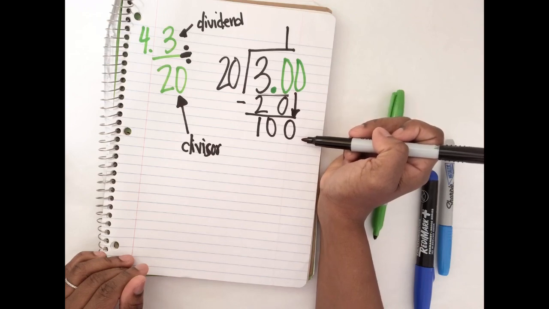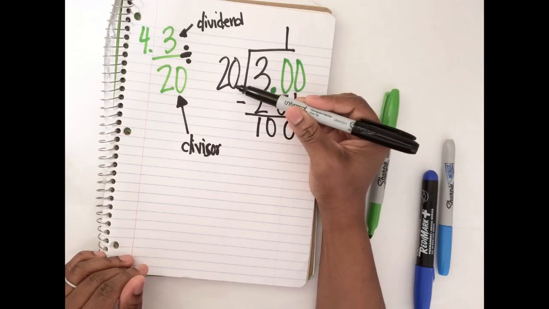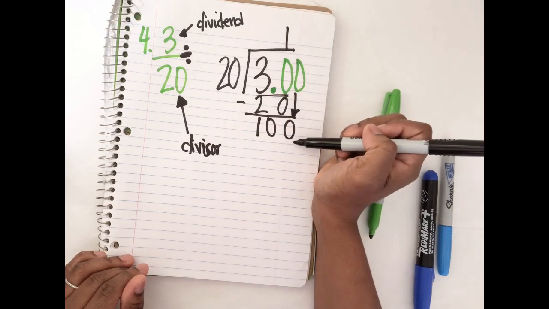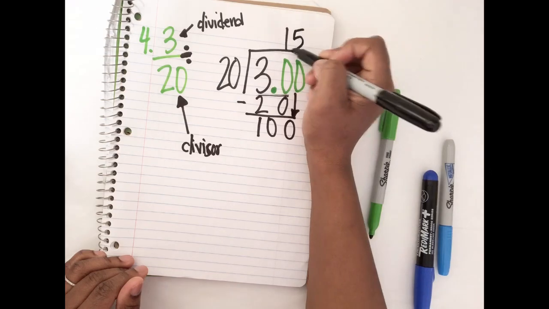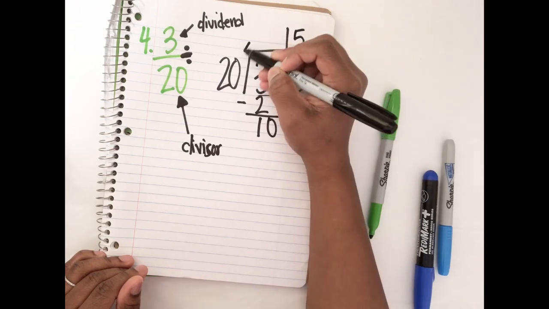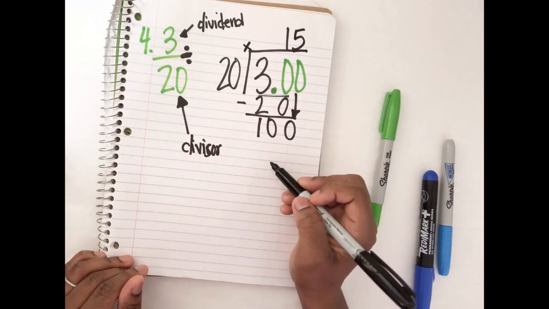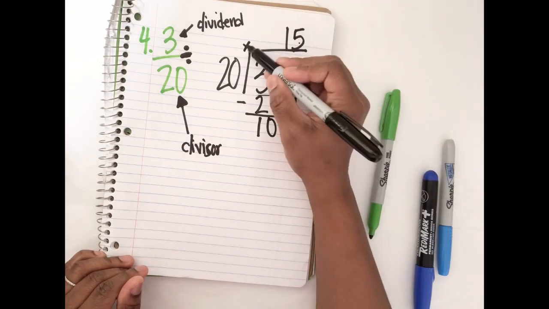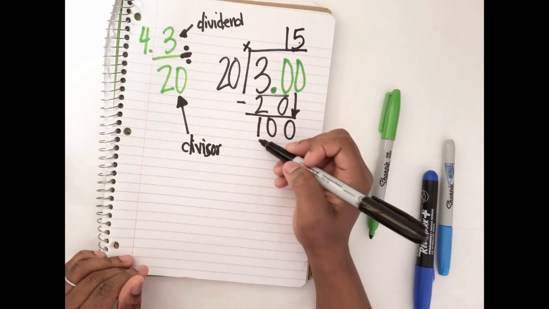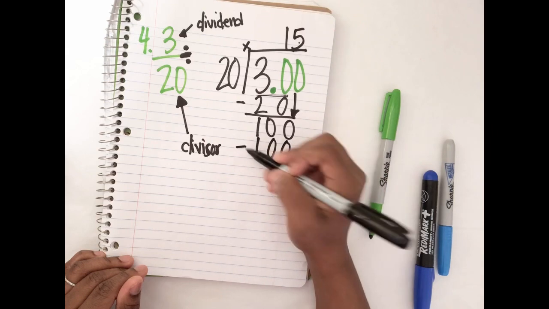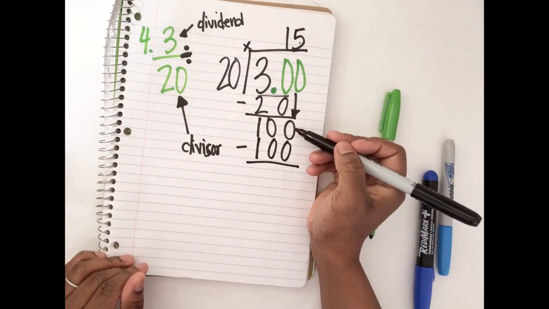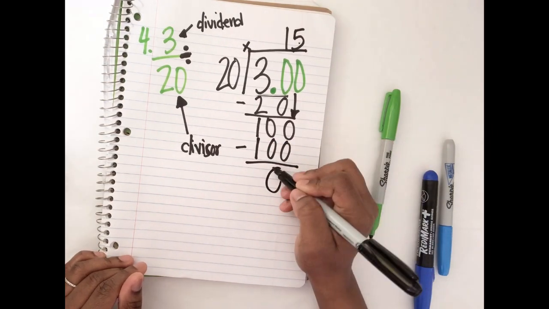Or you could say, what number can I multiply by 20 to get me closest to 100? Good. 5. 5 times 20 is what? 100. 100 minus 100 is 0.